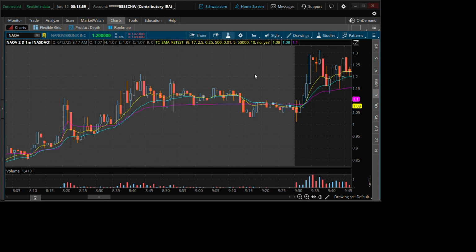So once again, these settings you'll be able to mess with. I think take profit I had at 10, have that at 2, trade size 500.